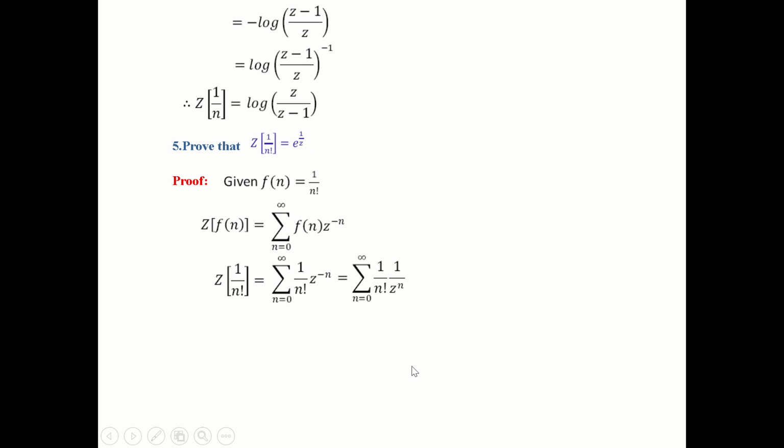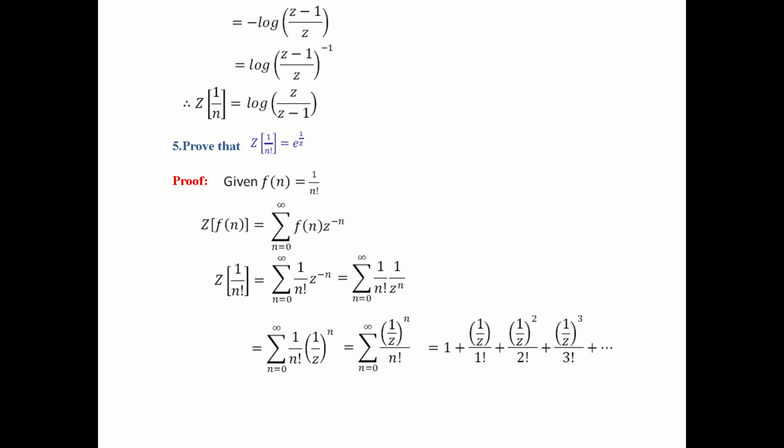Substituting the values of n, you will get first one 1, because 0 factorial is 1, (1 by z) whole power 0 is 1. So first term 1. Second term (1 by z) by 1 factorial, (1 by z) square by 2 factorial plus etc. 1 plus x by 1 factorial plus x square by 2 factorial plus x cube by 3 factorial is nothing but e power x. Instead of x you are having 1 by z, so this is e power 1 by z.